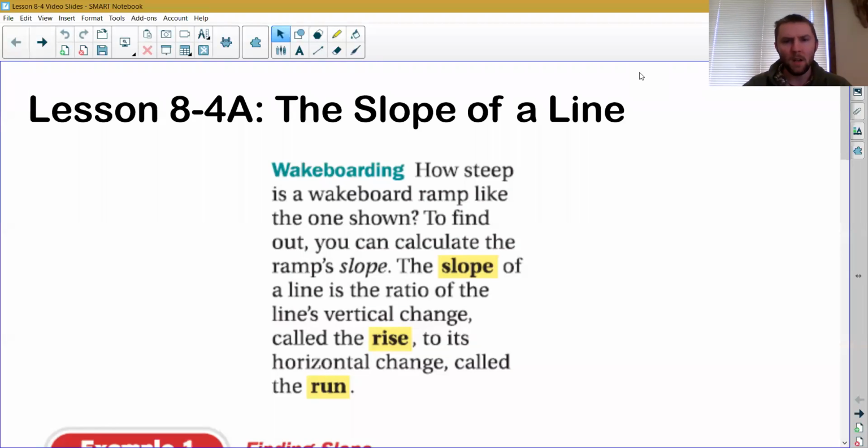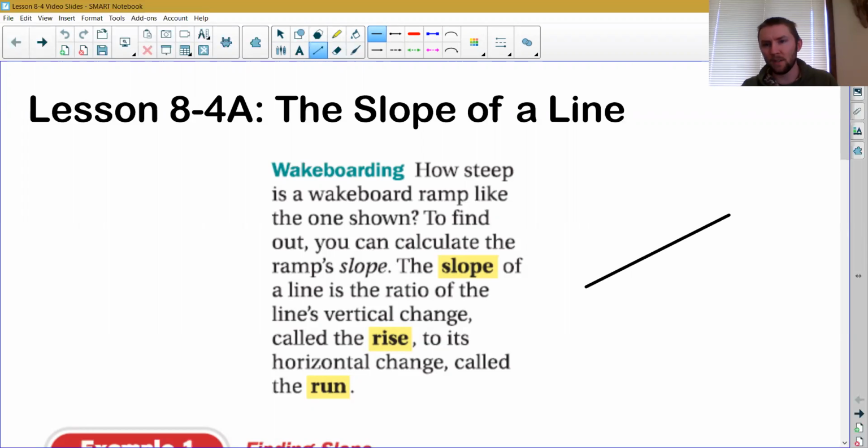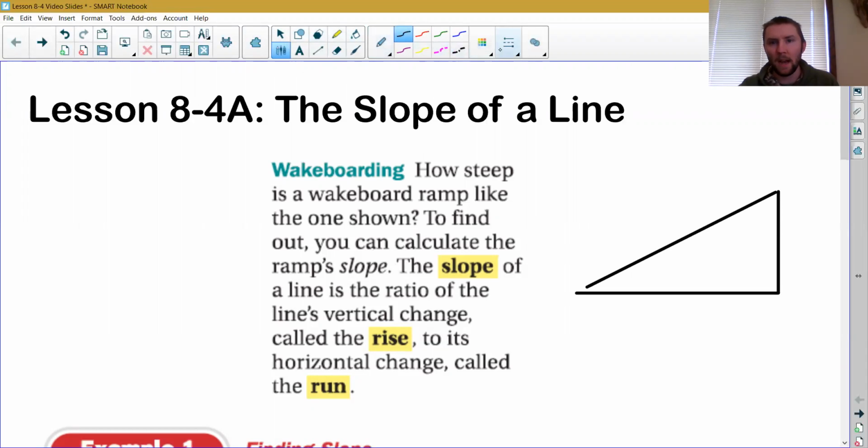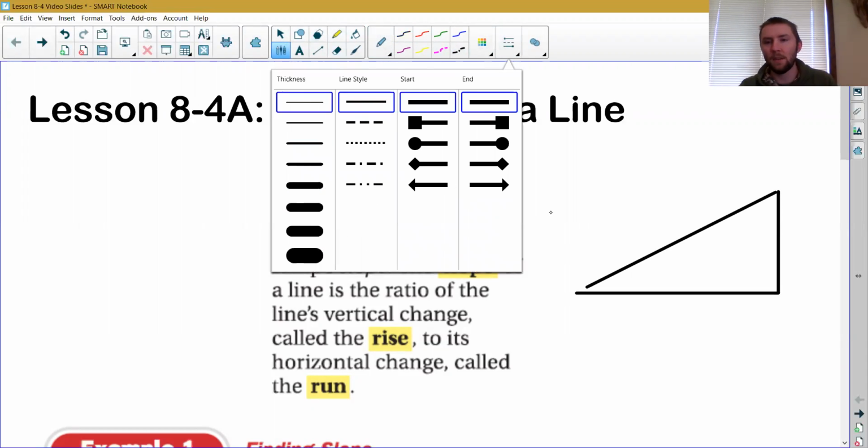All right, so in general, the idea of slope is something that we understand from real world examples. Your book starts by talking about a ramp for skateboarding or biking or whatever it is, and the slope is talking about how steep that ramp is, right?